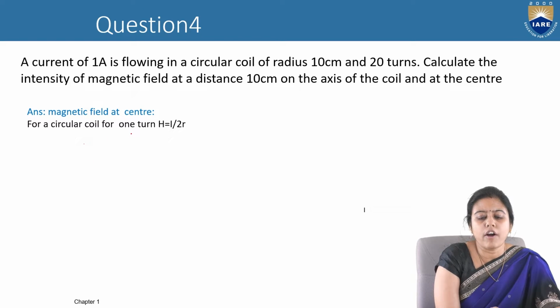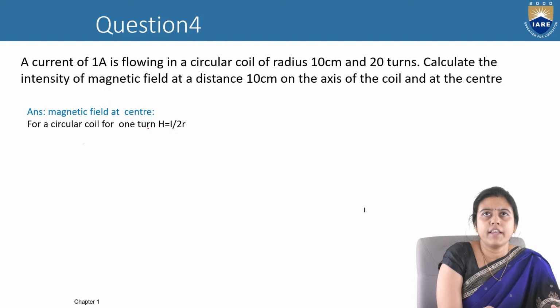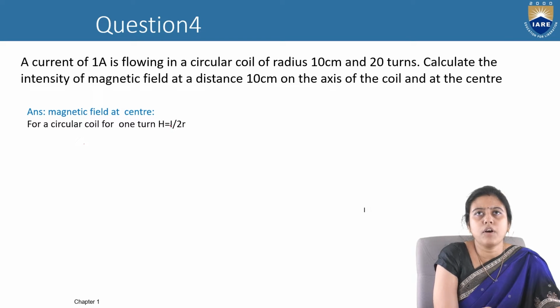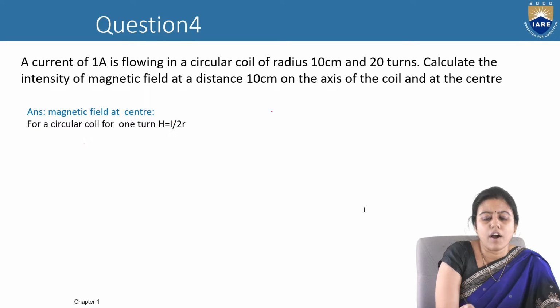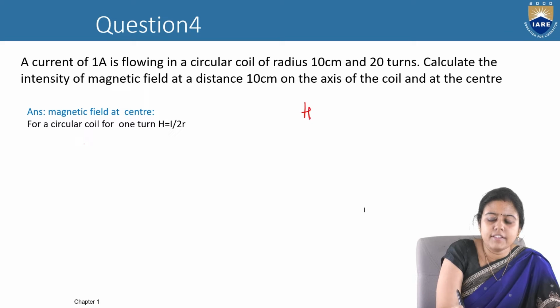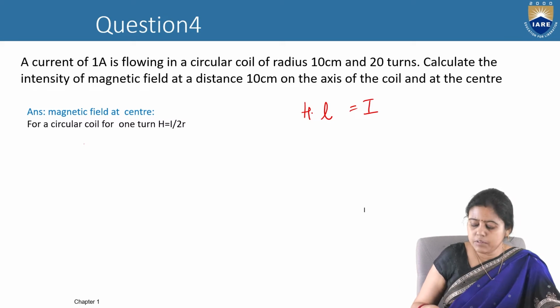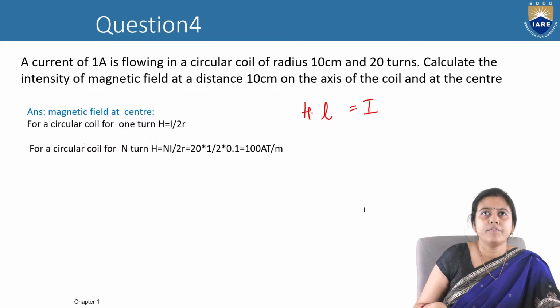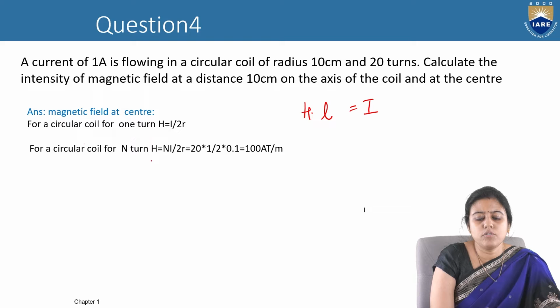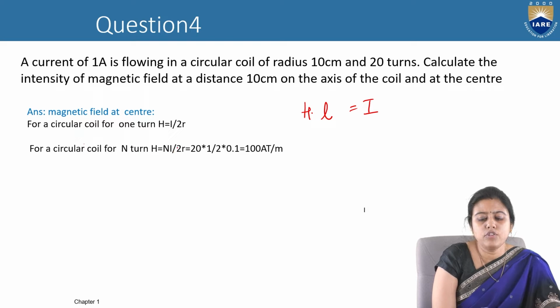For a circular coil of 1 turn, the formula is H is equal to I by 2R. So for N turns, it will be NI by 2R.